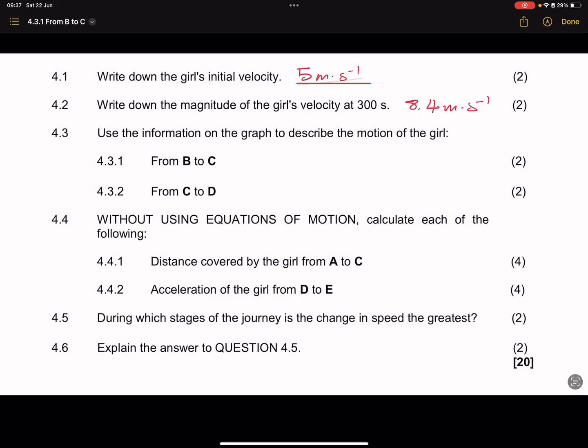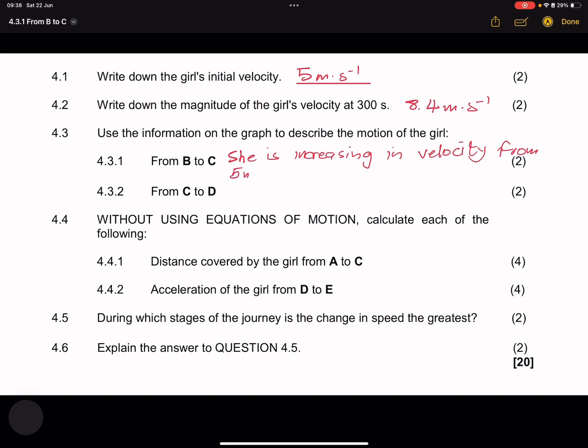So she is increasing in velocity from 5 meters per second to 10 meters per second.